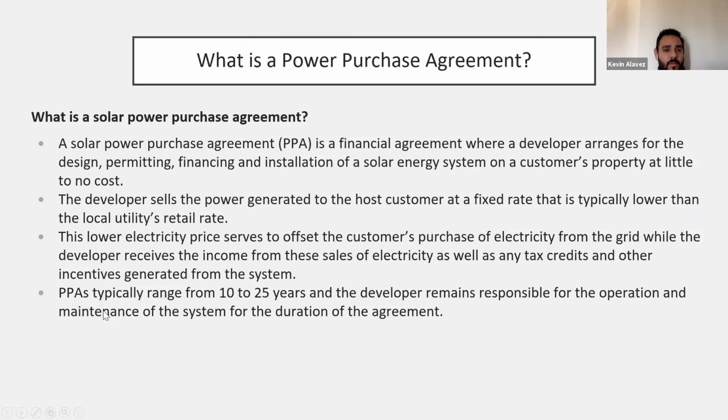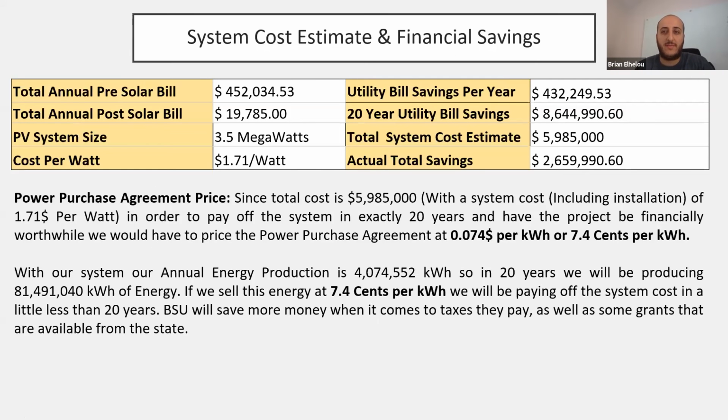Sorry about that. So this is our system cost and estimated financial savings. From our modeling and our own calculations, as SAM wasn't completely accurate, we got our cost per watt down to $1.71. For our 20-year utility billing savings, just for their bill for each year, we'd be saving over $8.6 million.